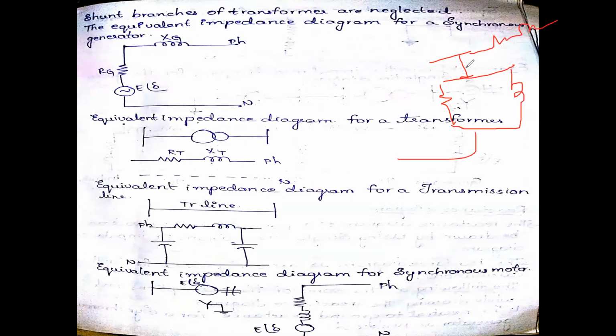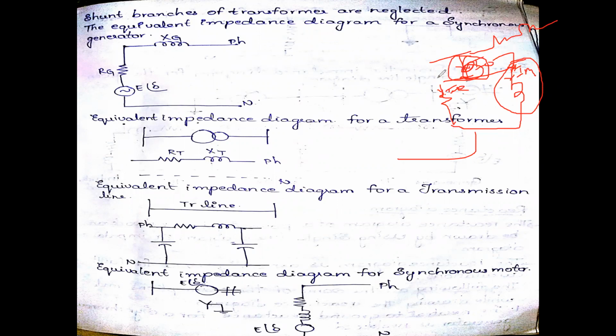This shunt branch draws the no load current, which has two components: the magnetizing component I mu and the active component I E. This magnetizing component will be very small, and the no load current is very small when compared with the load condition.